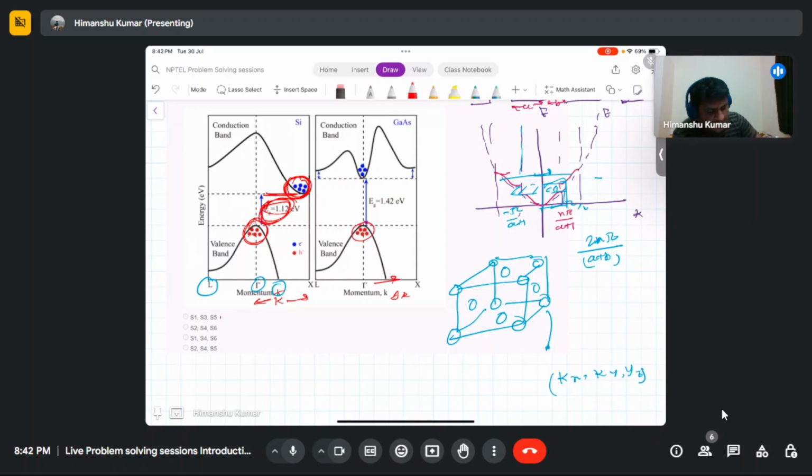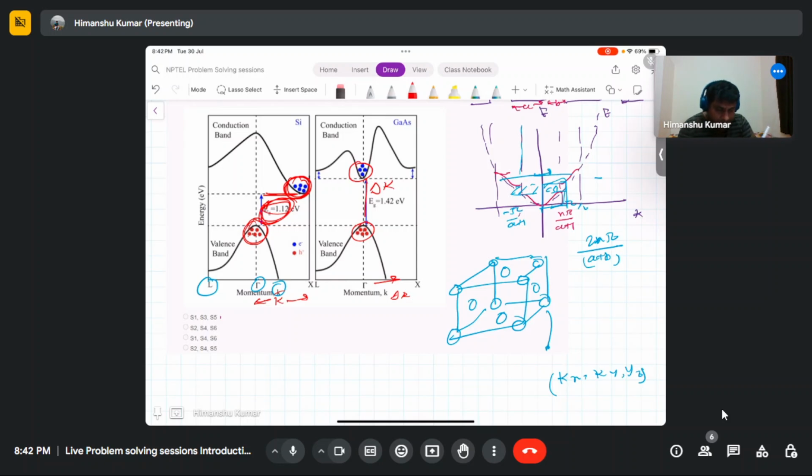The top of the valence band lies just below the bottom of the conduction band, so delta K is zero.